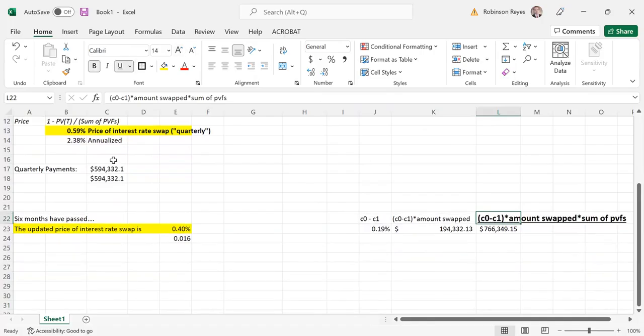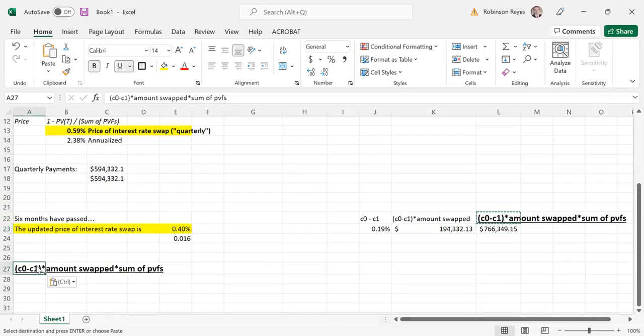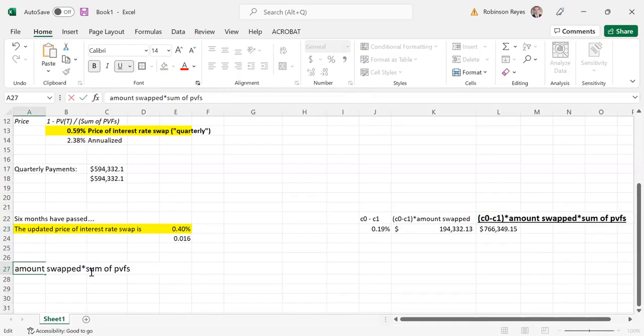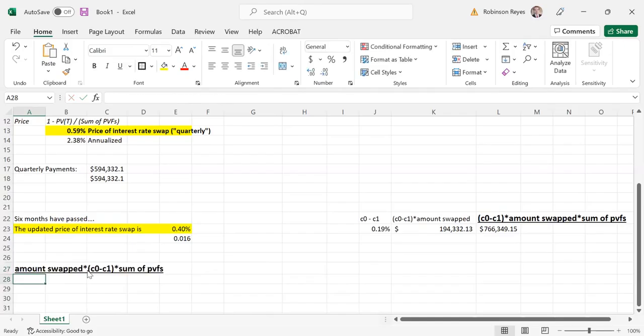Okay, now I'm going to introduce this formula that we have just stated right here a little bit more formally, because this is how you will see it on Canvas. It's just first the amount swapped, then the difference, and then the sum of PVs.